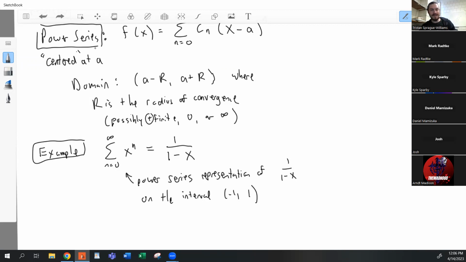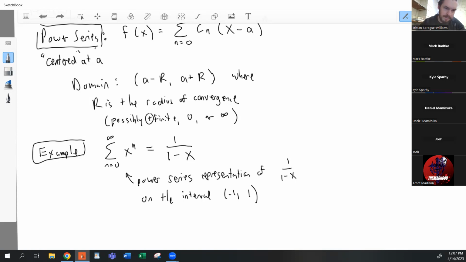But what we did yesterday was fine, though we don't need to emphasize it very strongly because it was very limited. You may have noticed the types of functions we were able to find power series representations for yesterday was quite limited. So that strategy isn't really going to be our main approach. We have a much better approach that I'm going to introduce to you today.